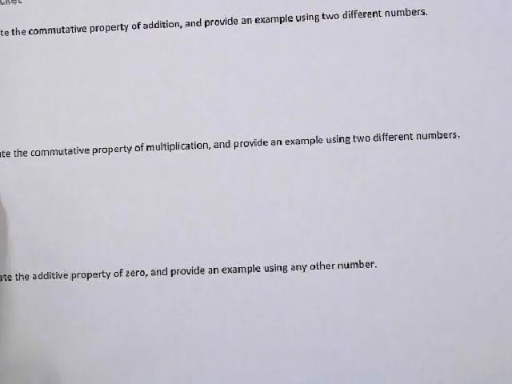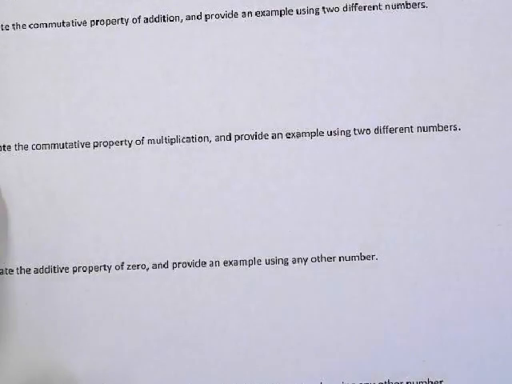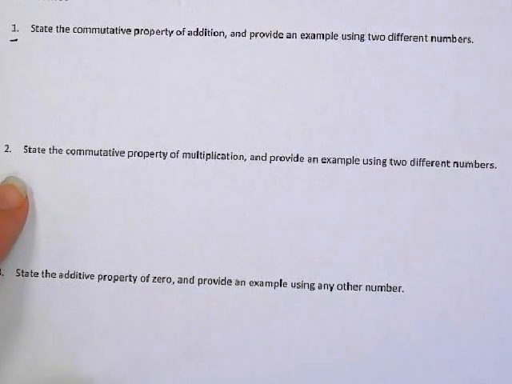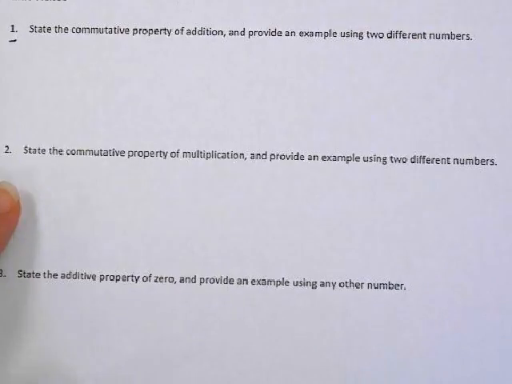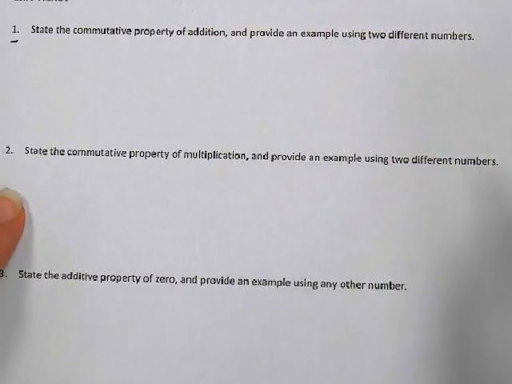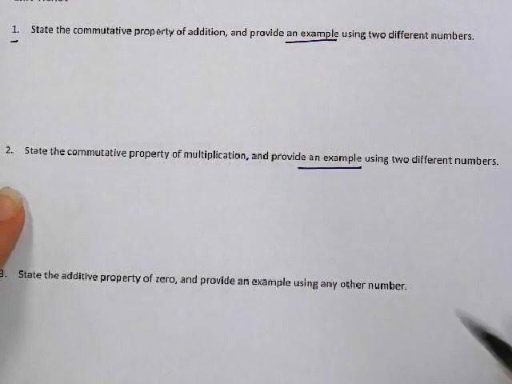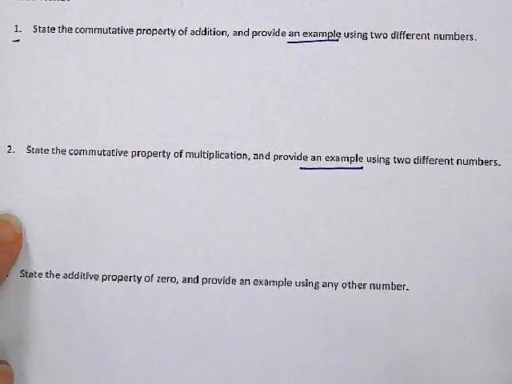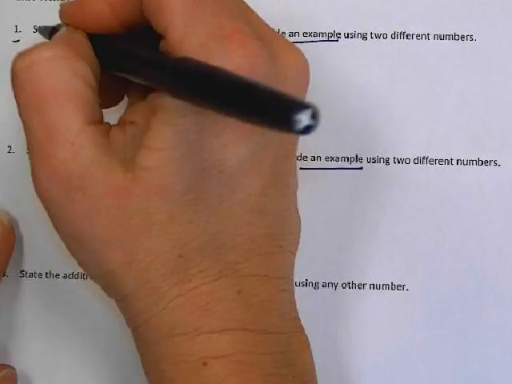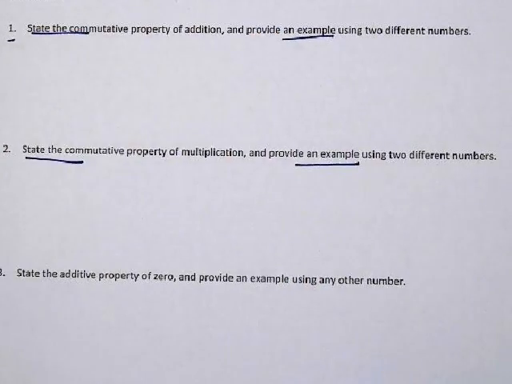Number 2 says state the commutative property of multiplication. Again, that's in our notes that we just did, and provide an example using 2 different numbers. I know it says 2 different numbers, but for each one you're providing 1 example. Make sure it's a different example than we have in our notes, and make sure you also state what each property means. So tell the meaning of it.